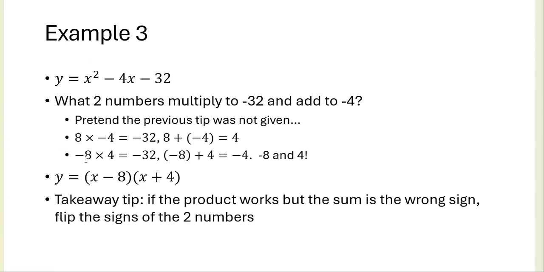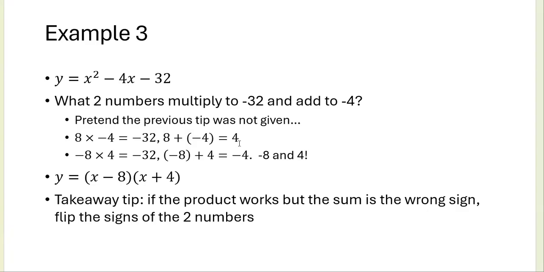Okay? Hopefully this solidifies my previous point again. In this case, we want the sum of those two numbers to be negative, so you want the negative number to be bigger in magnitude. We want this 8 to be negative, not this 4. This 8, we want it to be negative because 8 is bigger in magnitude. Yeah? Hopefully it's solidified now. Okay, but let's pretend you just didn't take that tip, and you got 4.